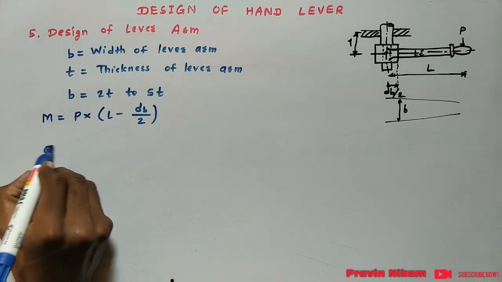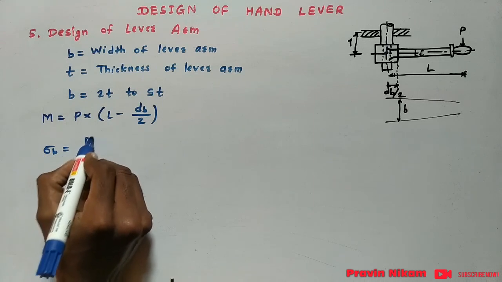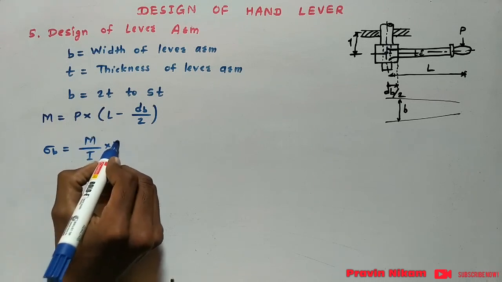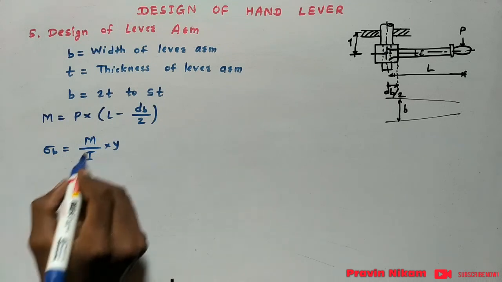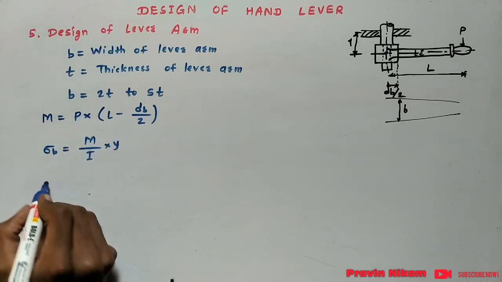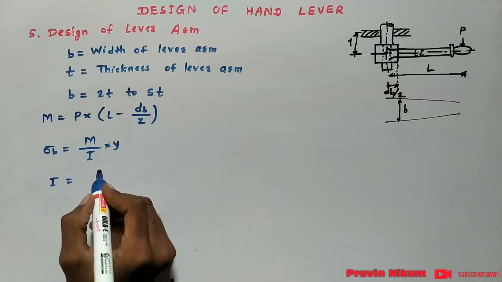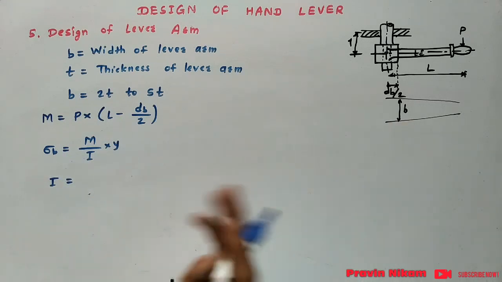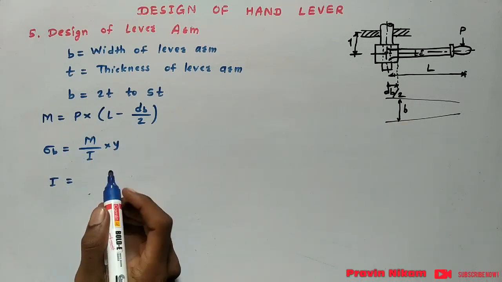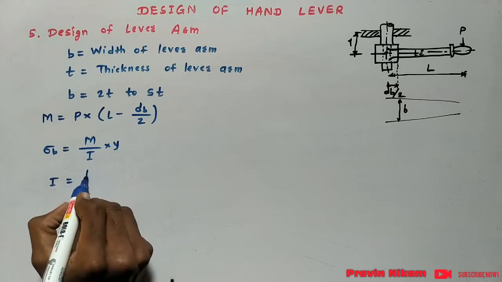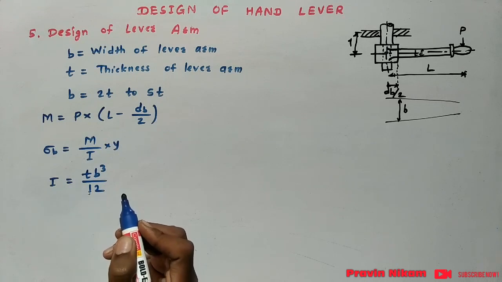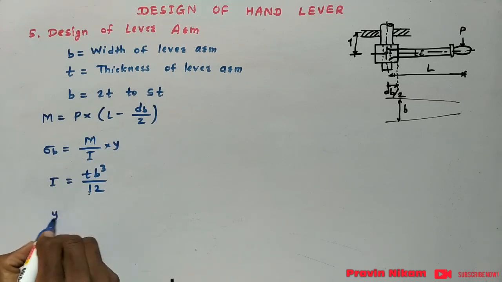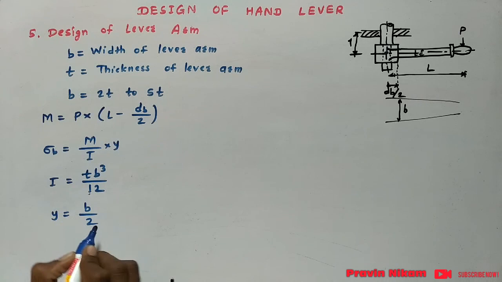Now we know that bending stress sigma B is equal to M divided by I into Y. Here M is known. Now I is the moment of inertia about Y axis, so it is T B cube by 12, and Y is equal to B by 2.